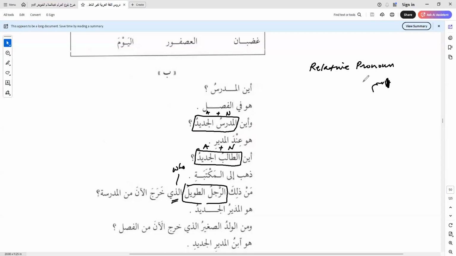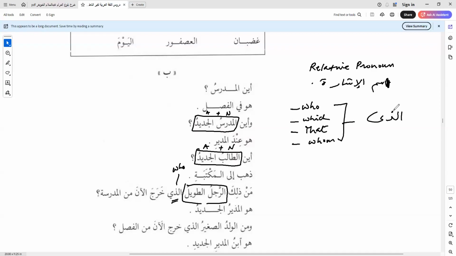In English, we have who, which, that, and then whom. That's the objective case. So الذي represents all of this. الذي.